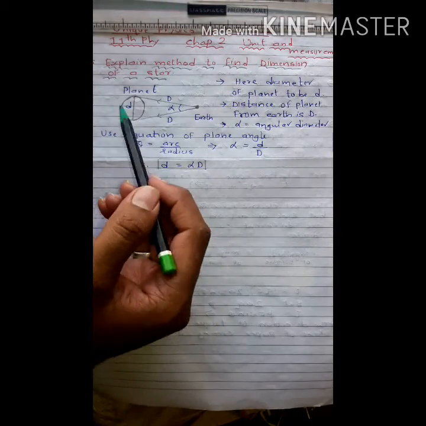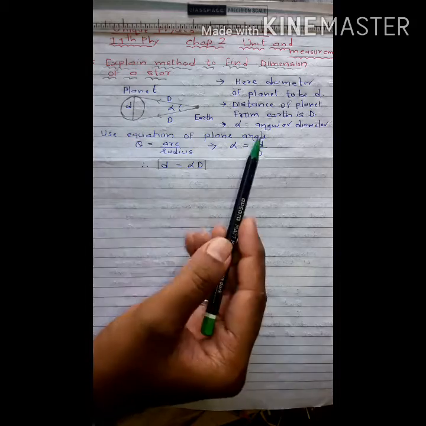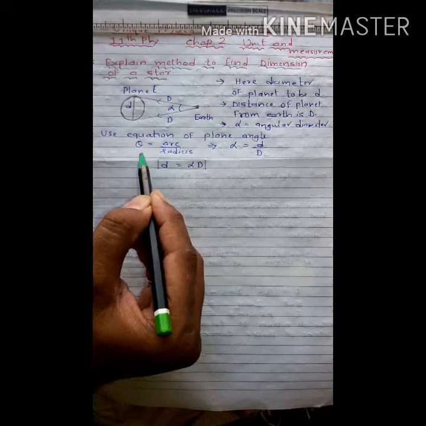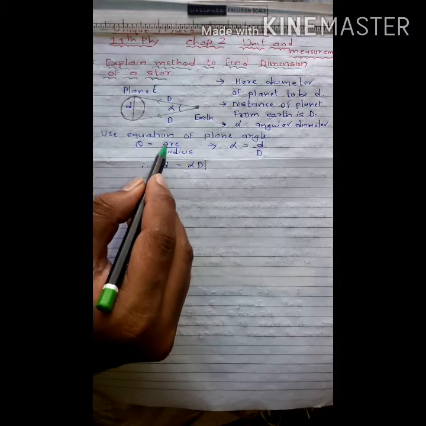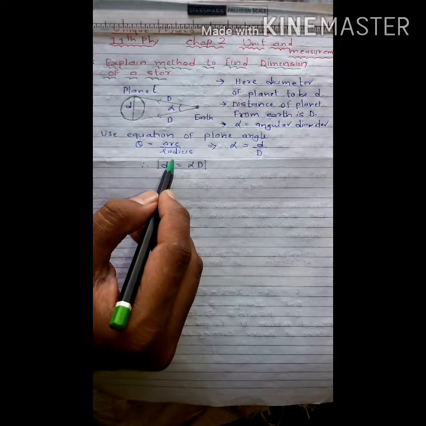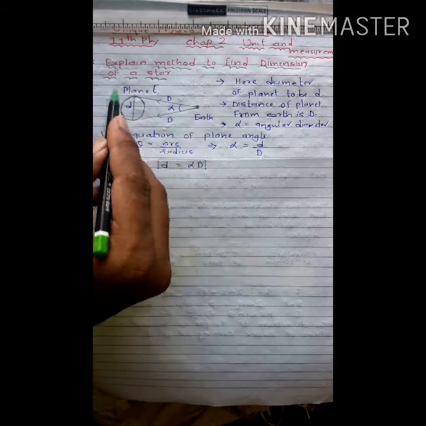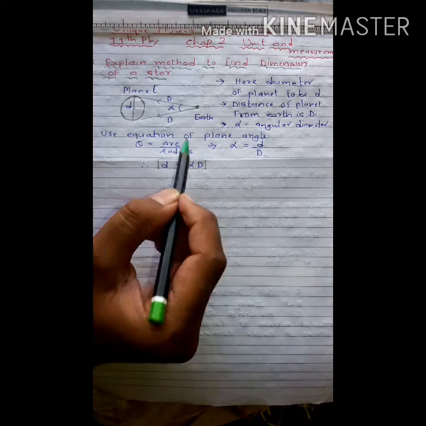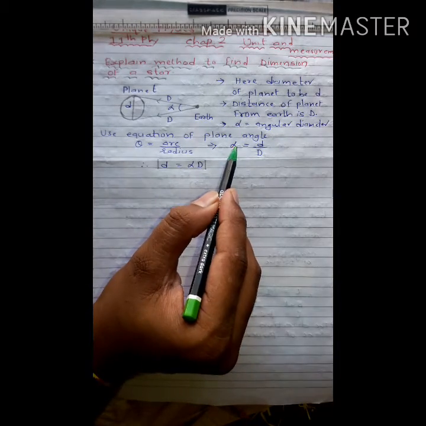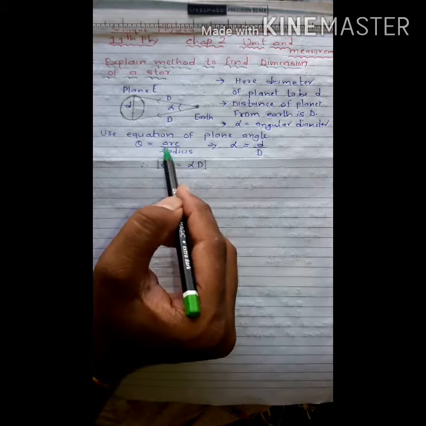To find the equation of small d, we will use the equation of plane angle. According to the equation of plane angle, theta is equal to arc upon radius. In this situation we have alpha instead of the theta symbol. So alpha is equal to arc upon radius.